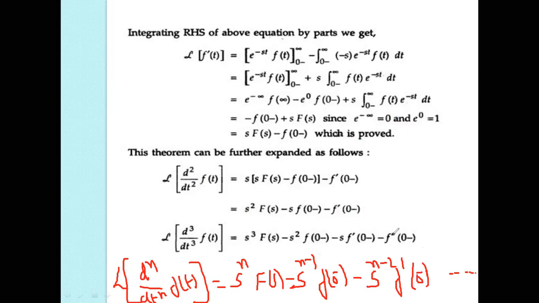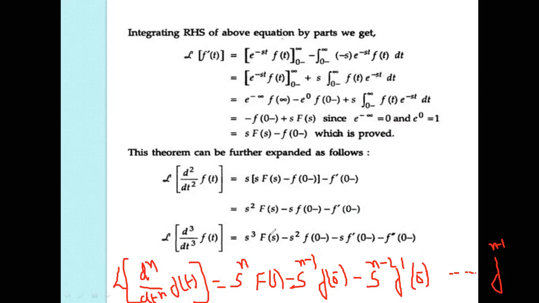The last value is f double dash. So the last value f double dash means for s square here the first double dash is there, and for s there is no derivative, and the nth term is n minus 1 times double dash.